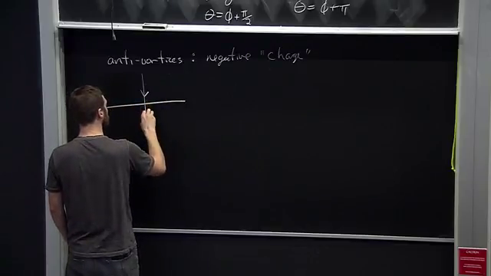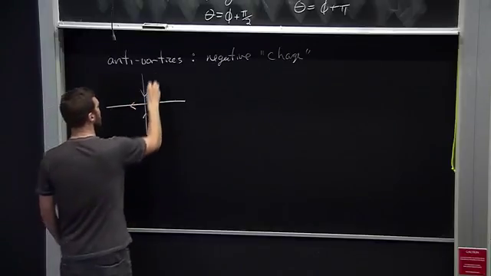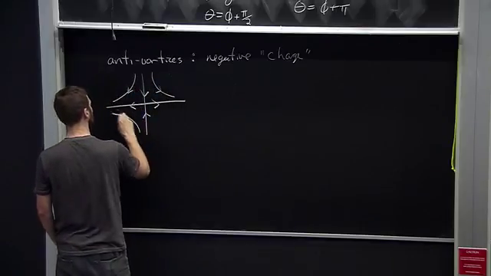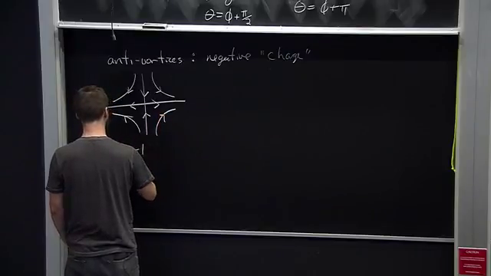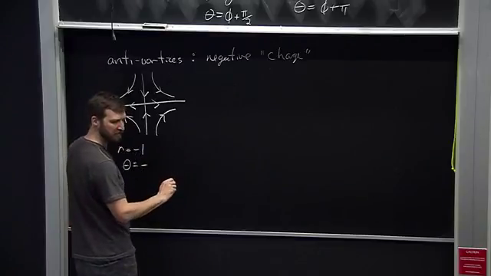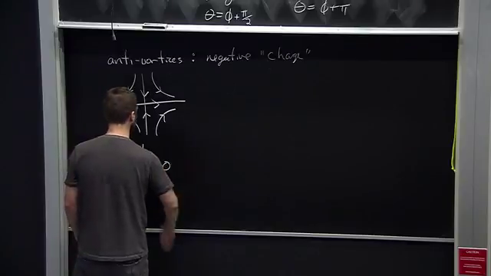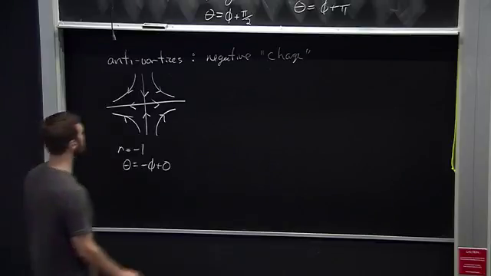How does this one look? It goes 2 in, 2 out, right? That's your anti-vortex, n equals 1, theta equals 0. So n equals minus 1. So theta equals minus. Is that right? Seems strange, but you can have different charges on these things.